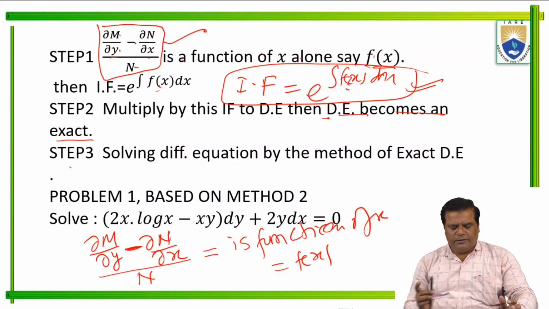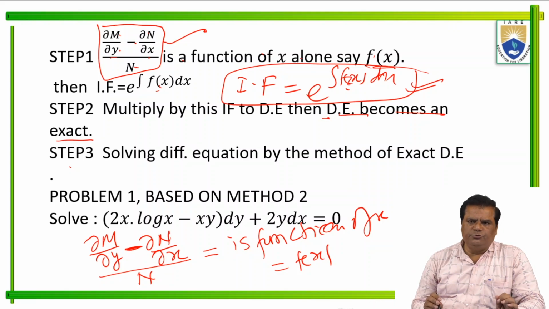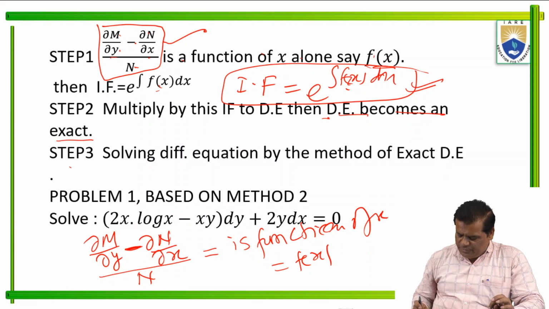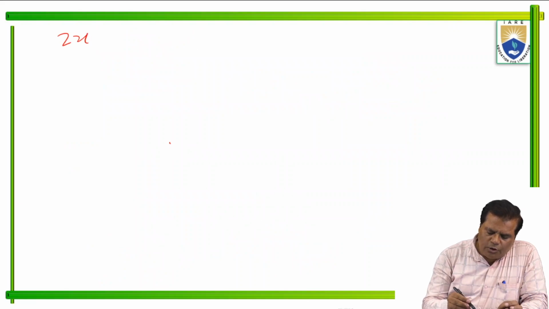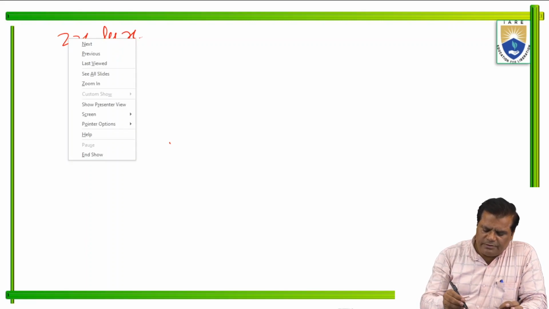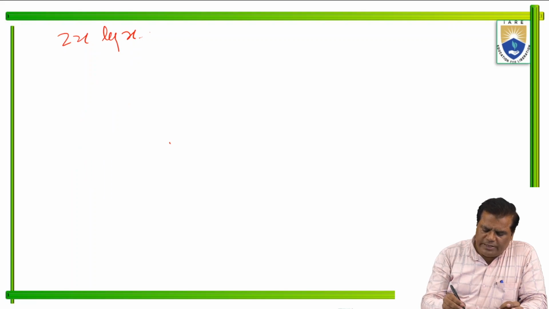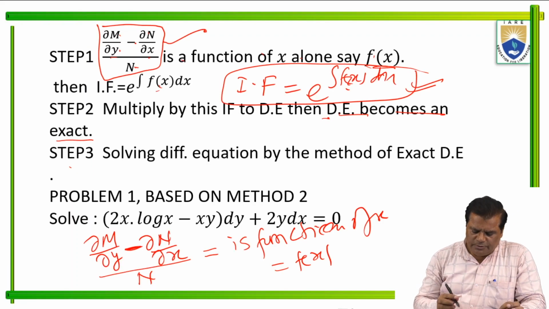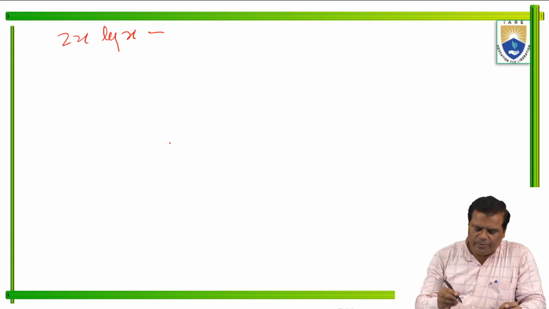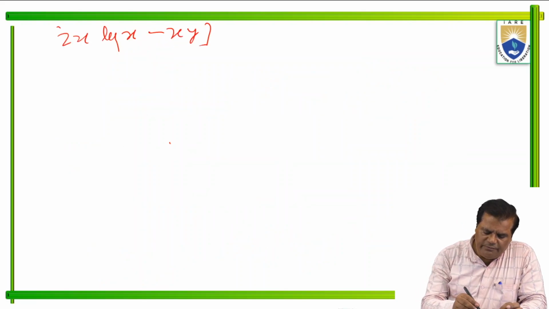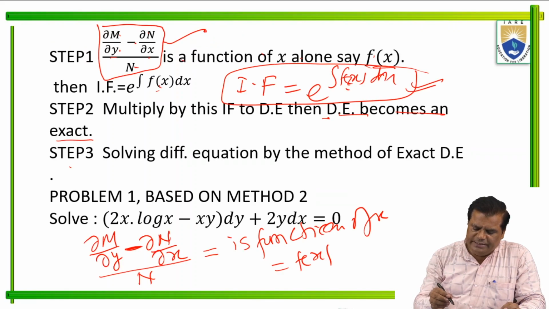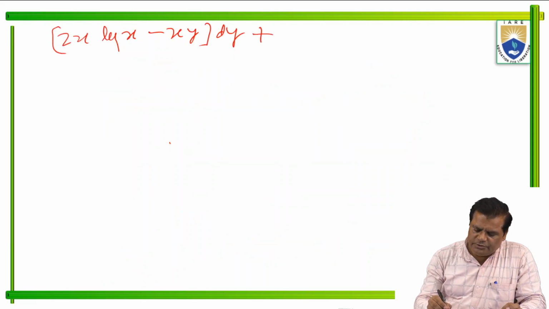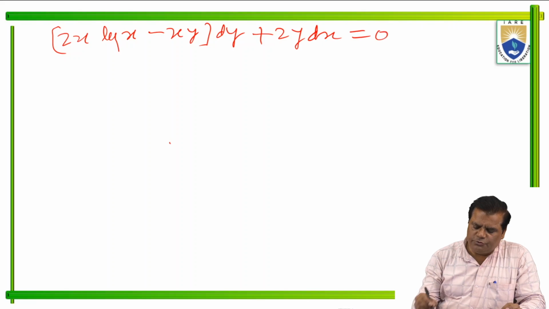Now here, problem 1, solve based on method 2. So what is the problem? The problem is this: (2x log x minus xy) dy plus 2y dx equal to 0.